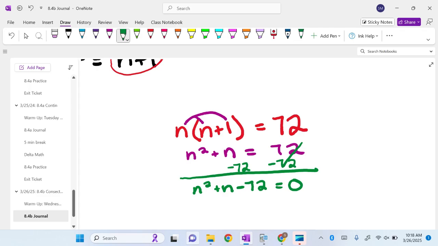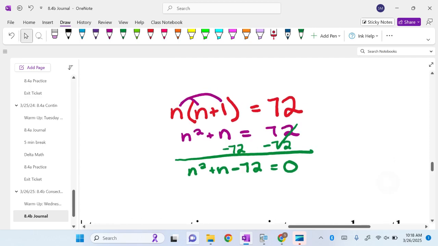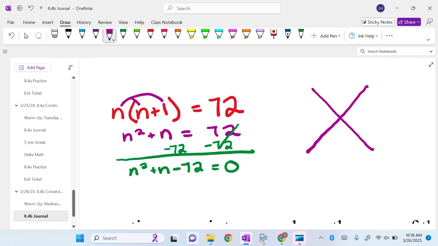Now we're in factoring land. There's obviously not a GCF since our a value is 1. So I'm going to go right into drawing a big X. So what goes on top? Right here.